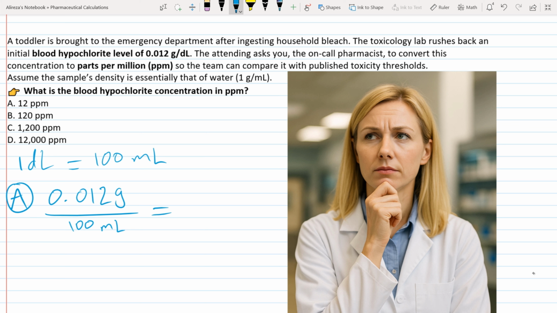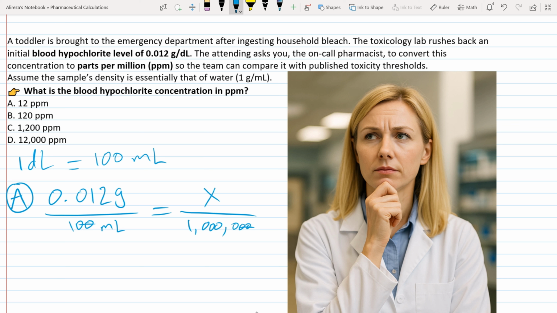And essentially we're going to see how much that is if we consider 1 million ml. So I'm going to put 1 million here, and you simply solve for x. There are 2 zeros with the 100 ml, so I'm going to remove 2 zeros on the 1 million side.